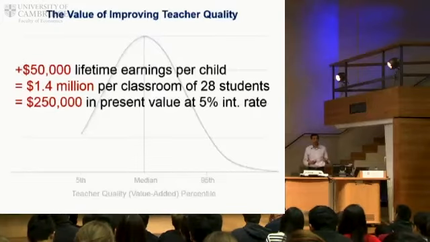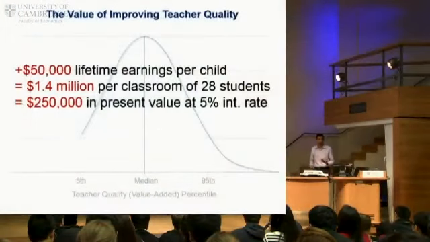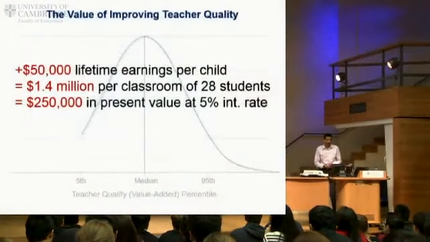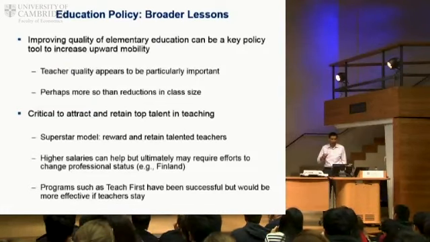So quite a substantial impact in terms of improving quality just from the bottom 5% to the average, not even getting to the issue of trying to get top-notch superstar teachers. So there are potentially quite large effects here in terms of changing children's long-term outcomes.